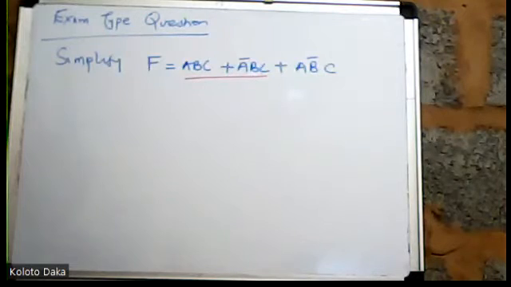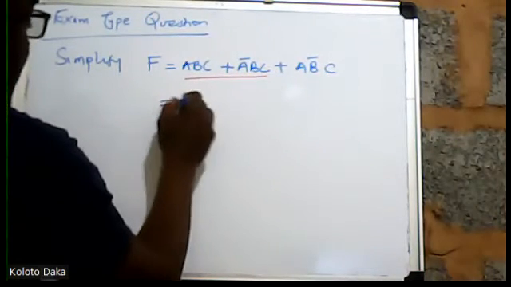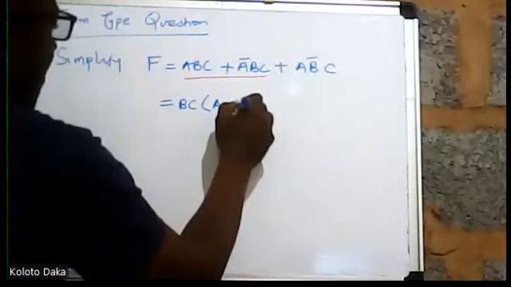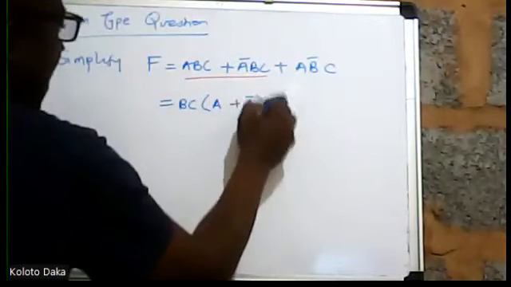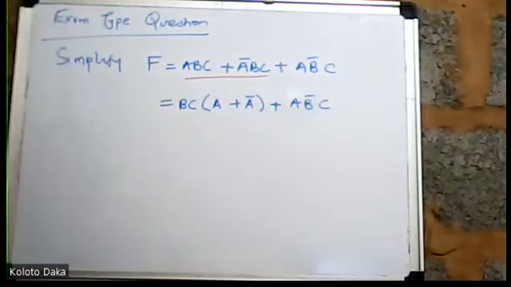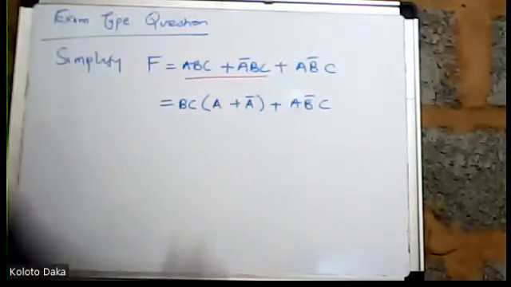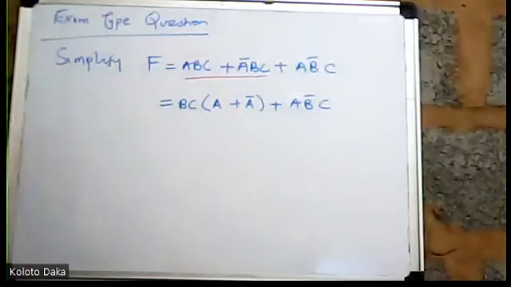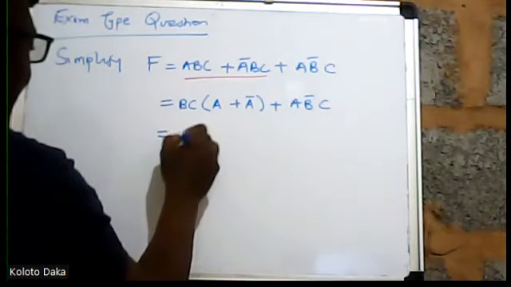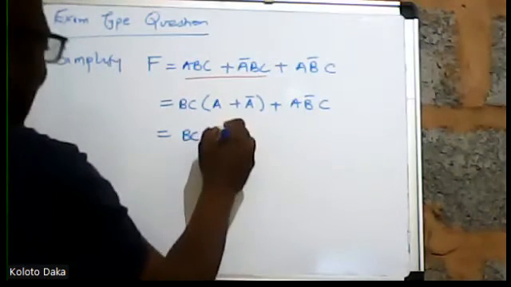BC. So we can factor out BC. What remains here? A. What remains there? A bar. Okay? What is A plus A bar? A plus A bar is equal to 1. Thank you. You are thinking. That's how people become technologists.